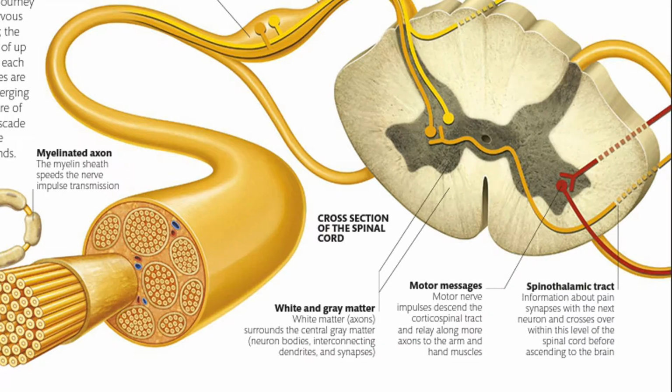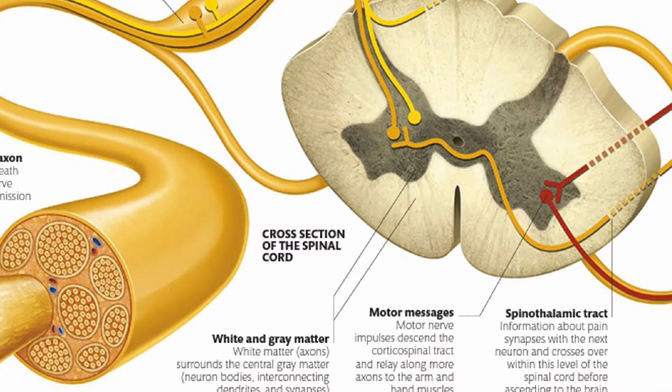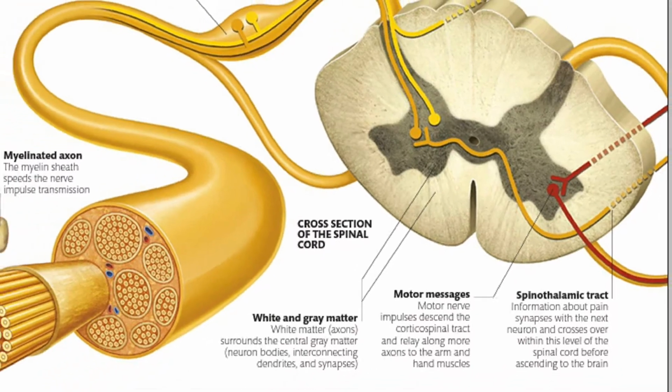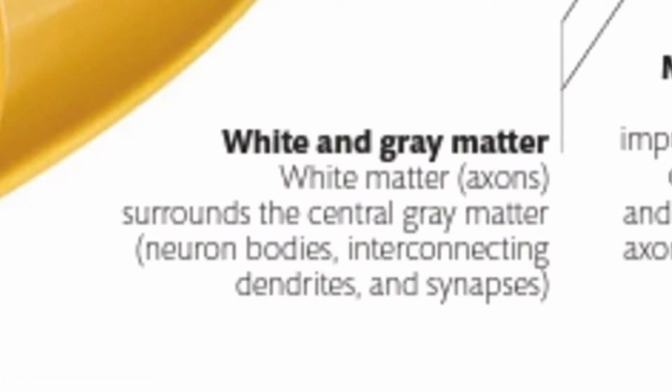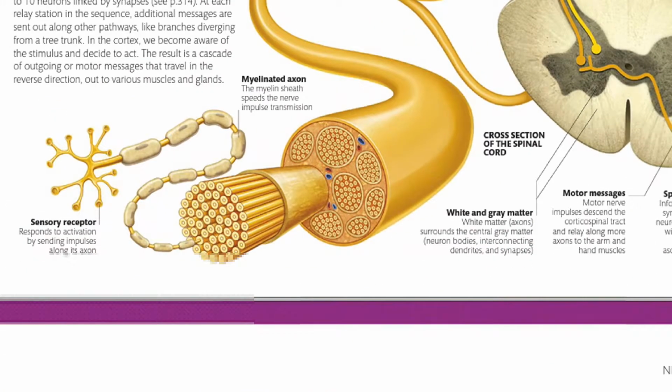In the center you can see the black colored portion, H letter or butterfly shape, gray matter, and the surrounding white portion is the white matter. White matter axons surround the central gray matter. In gray matter, neuron bodies, interconnected dendrites, and synapses are present.